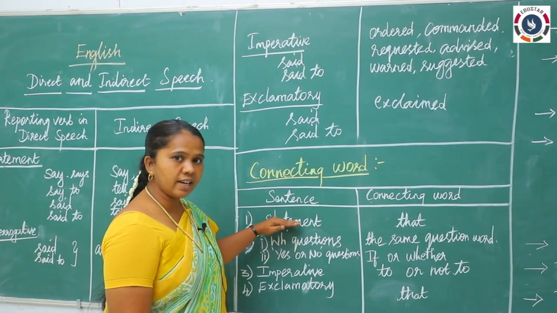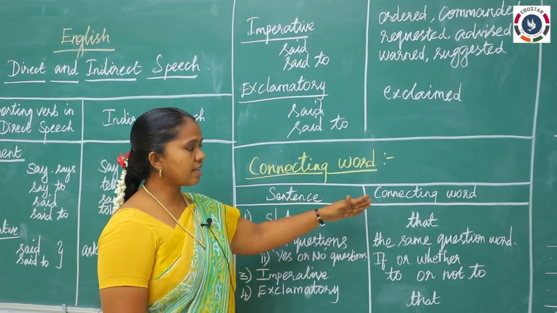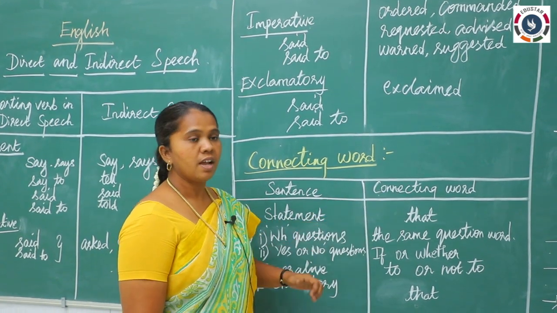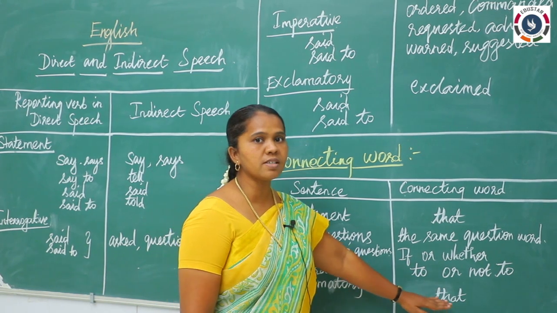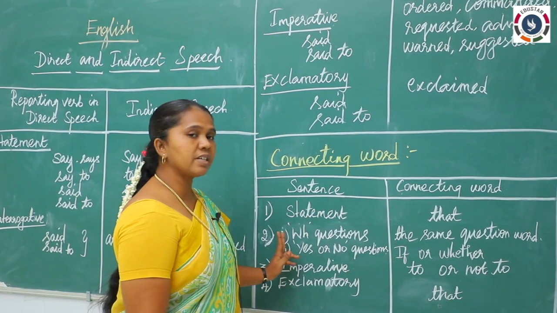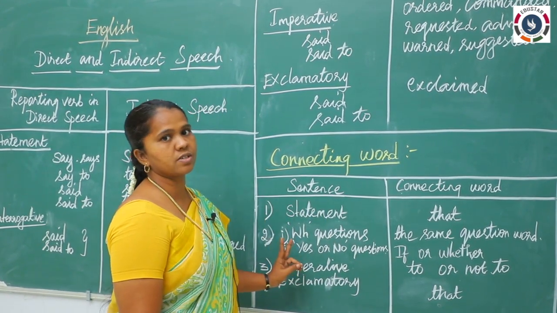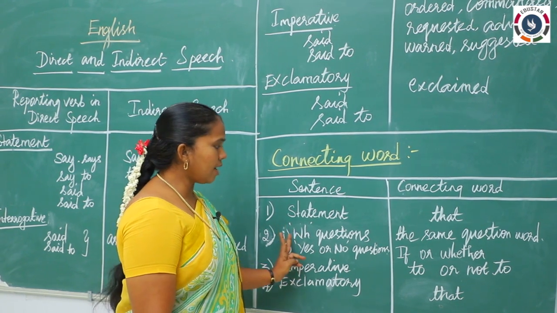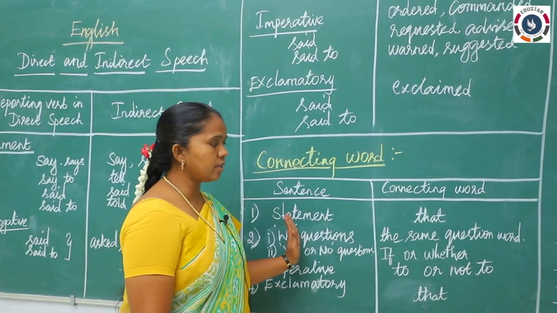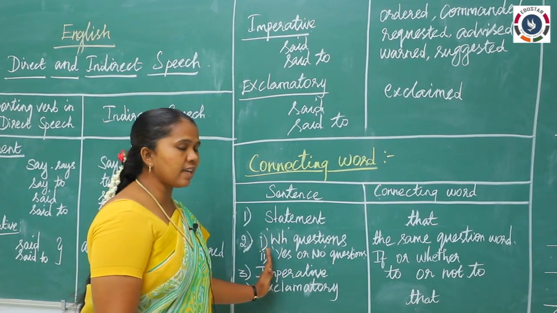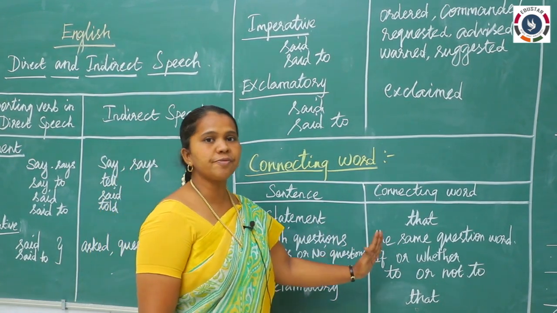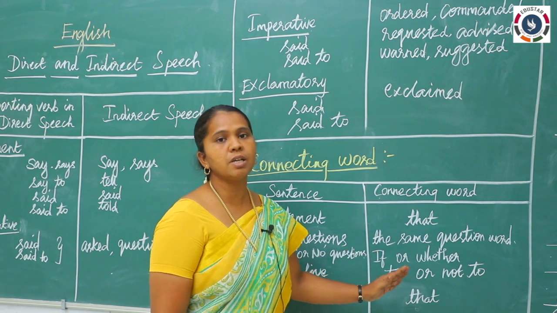If it is a statement, your conjunctional word is "that", and if it is an exclamatory sentence, your conjunctional word is "that". But if it is an interrogative sentence, for WH questions you will use the same word as a conjunction, and if it is a yes or no question, "if" or "whether" can be used.